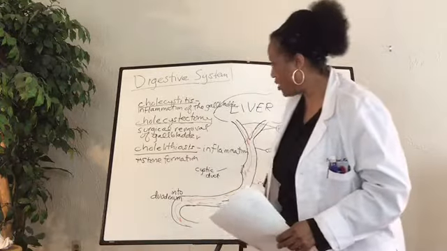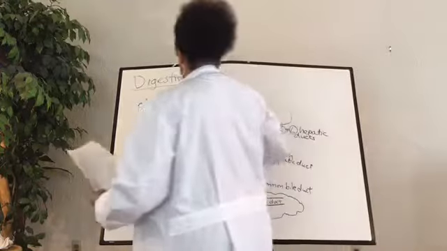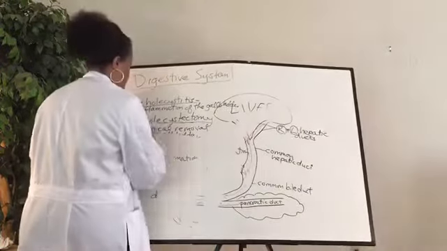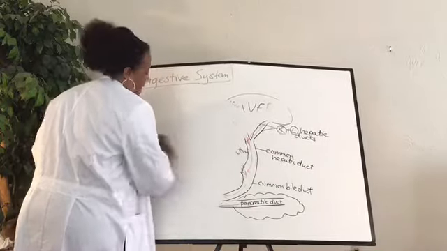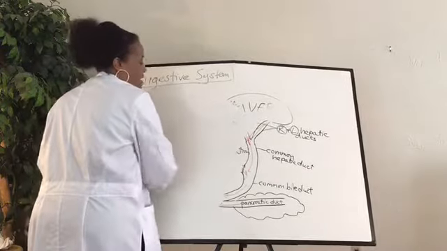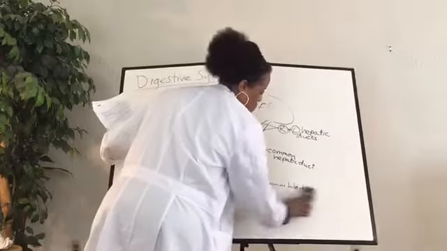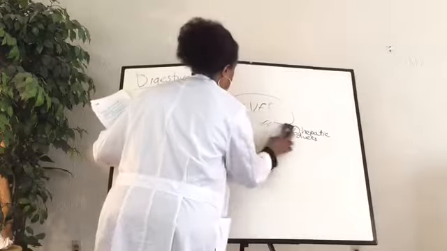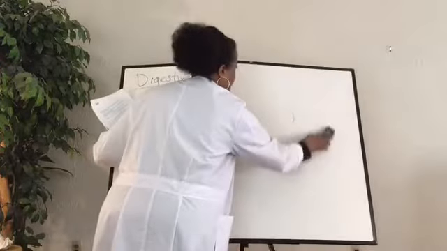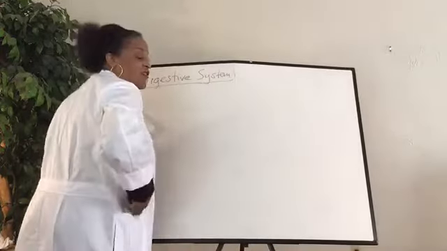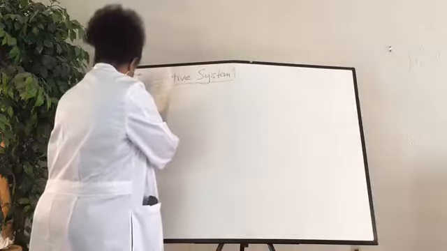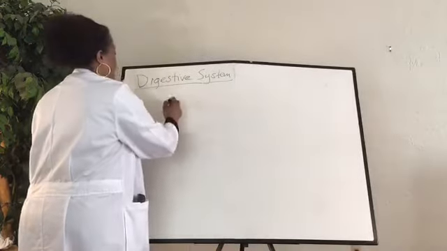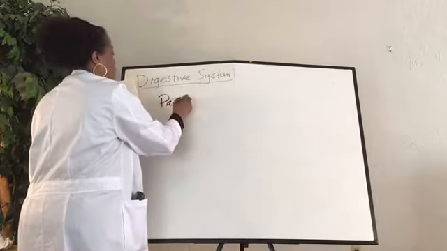So let's go on to the pancreas now. We're just mainly talking about some organs or glands that are in the abdominal area. The pancreas is interesting in that it's a dual organ, meaning it has a couple of roles.